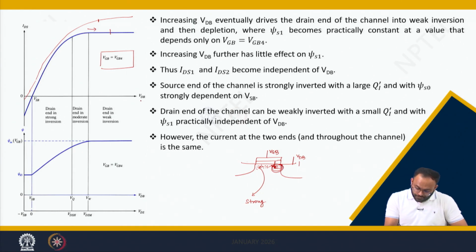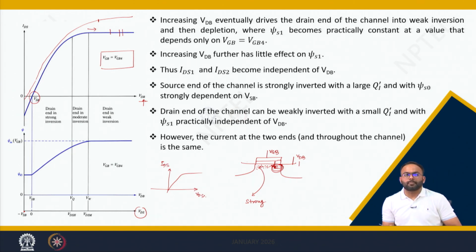Here, if we plot this output characteristic with respect to VDB, then we need to consider VSB, because here the body is a reference point, but if we plot the characteristic with respect to VDS, then this is just shifted to 0 and we will get an output characteristic like this, which is IDS versus VDS.